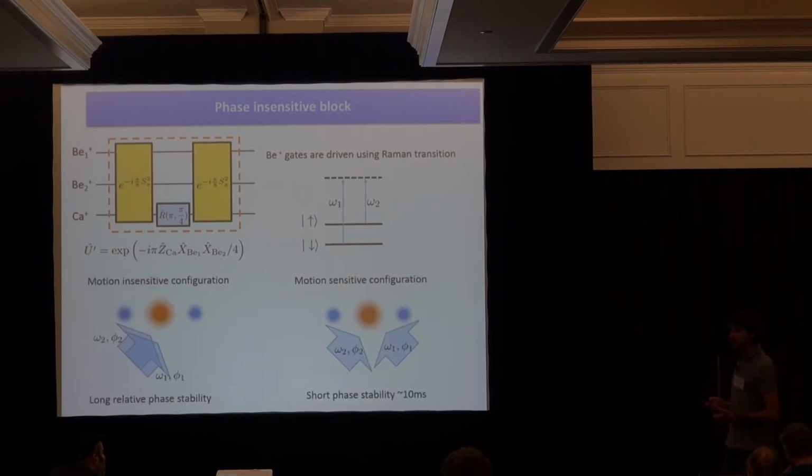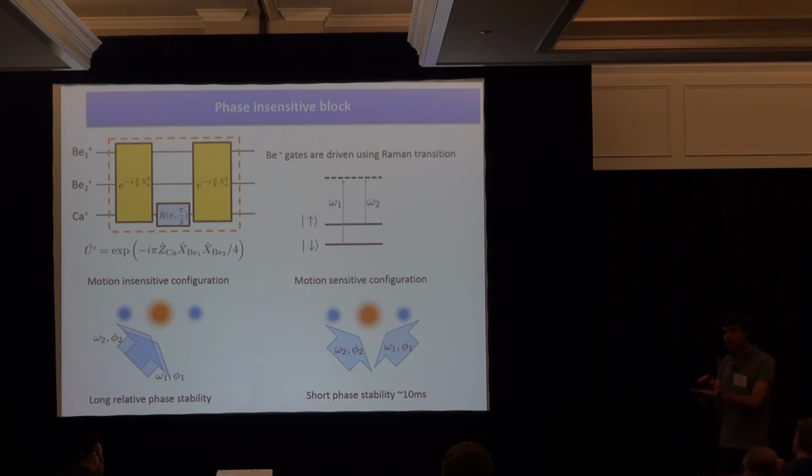There are two possible ways we can run these gates, and one is a motion-insensitive configuration, meaning that the two beams are co-propagating one on top of each other. In this case, we are not affecting the motion at all, so this is not good for the entangling gate, since I said it's motion-assisted gates. But those have a very nice advantage: if you look at the optical layout, they follow a very similar path.